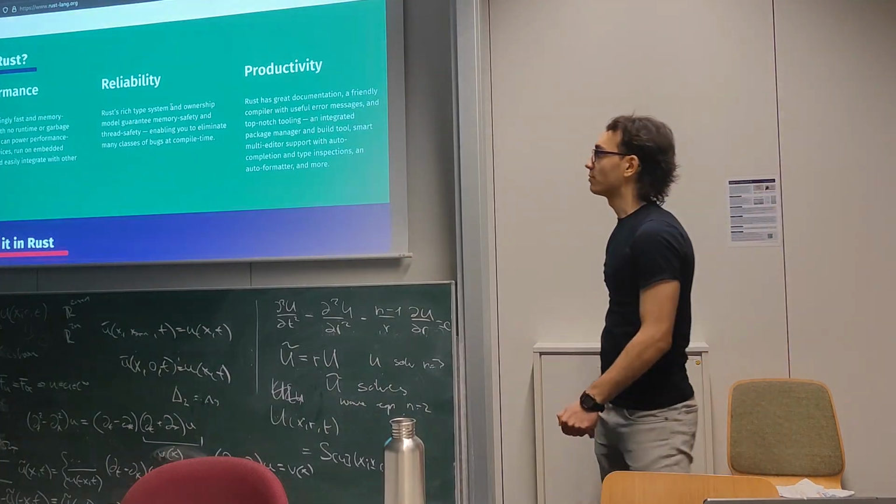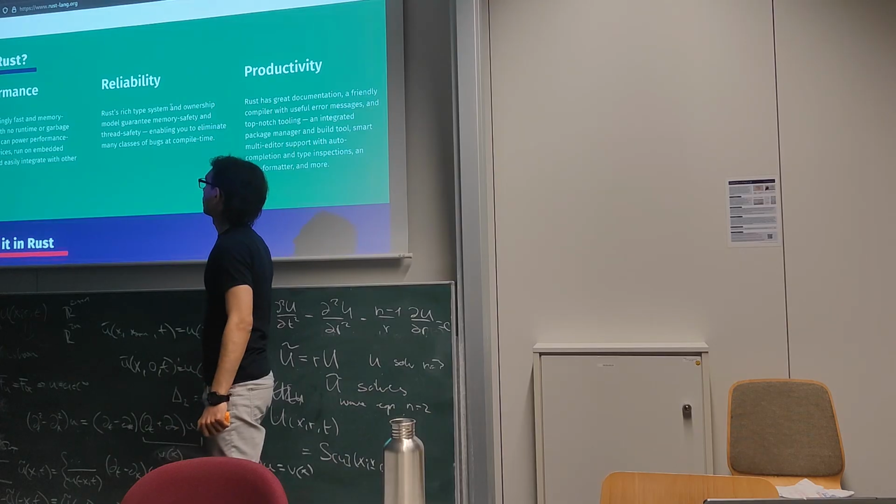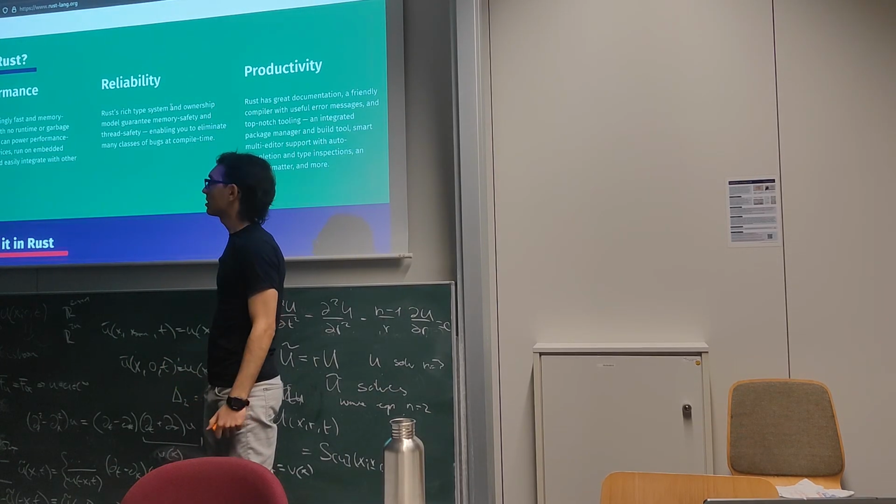So focus on performance. If you have better performance, better efficiency, then you spend less money on servers and so on. That's obvious. Reliability: just explain it and how this improves the quality of your products.